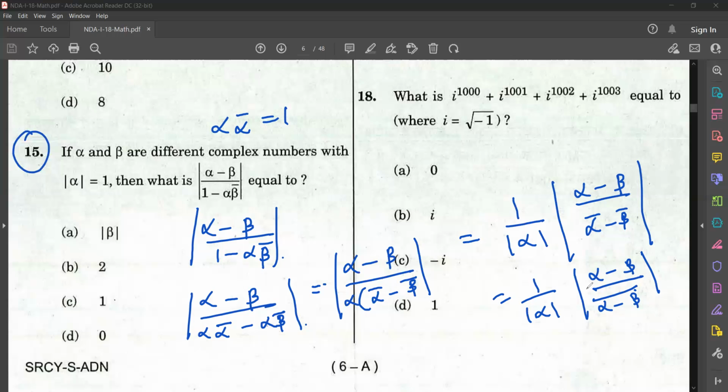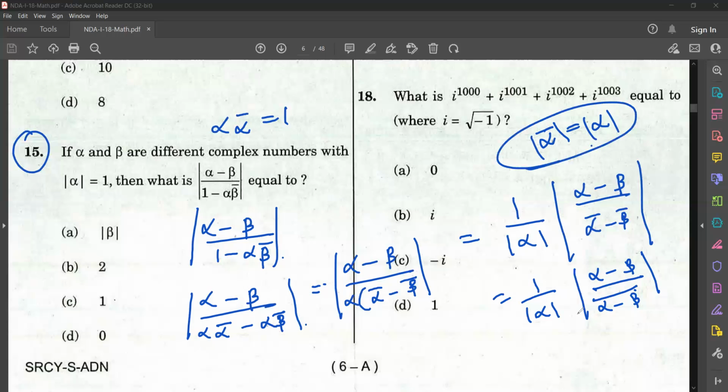Now listen, I know that modulus of alpha is equal to modulus of alpha bar, that we have already studied.